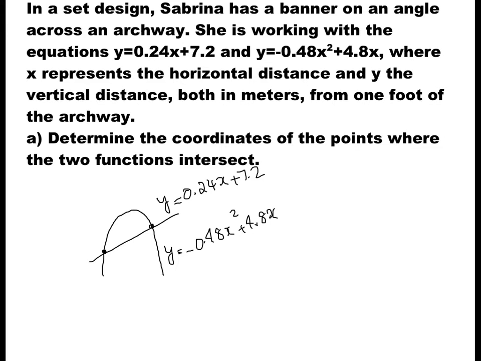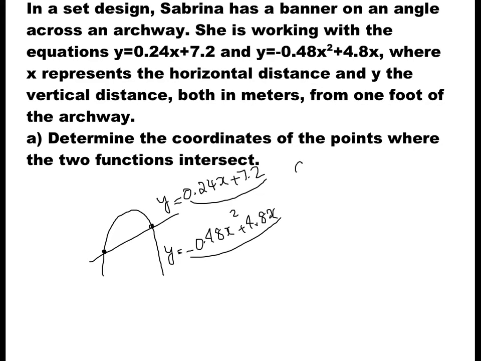Since the line and the parabola intersect, we have to solve the system of linear quadratic equations given here. If you look at both equations, you can see both of them are equal to y. So this means that the right-hand sides of the equations, meaning here and here, also have to be equal.